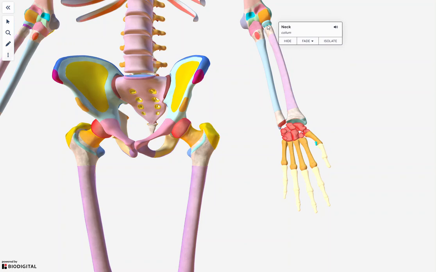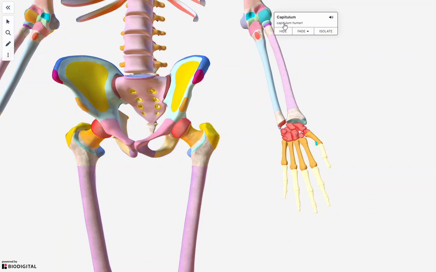Now, the neck of the radius is more proximal than the radial tuberosity, which they're not labeling here, but you can see it sticking out a little bit. There it is, the radial tuberosity. So the radial tuberosity is more distal than the radial neck, and the radial head is more proximal than the radial neck.